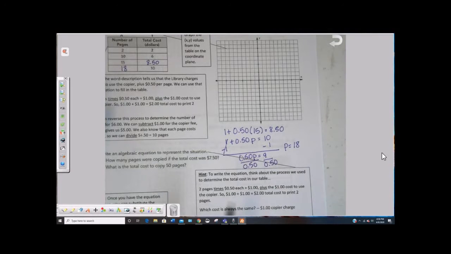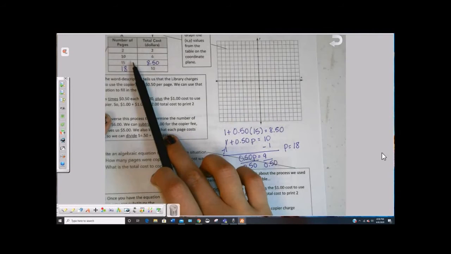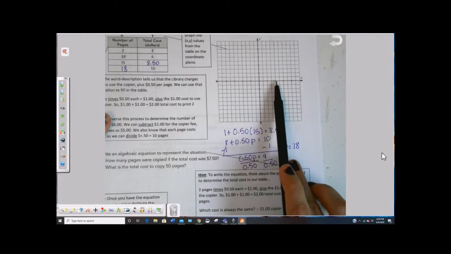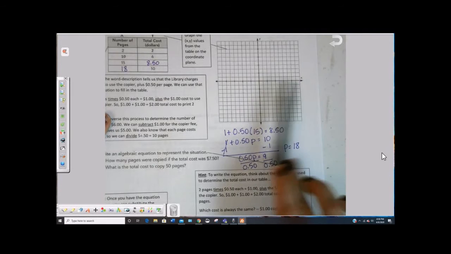Now we need to graph our table. If you notice, going this way we have 1, 2, 3, 4, 5, 6, 7, 8, 9, 10. So you have 10 going this way and 10 going this way. We need x to go all the way up to 18 at least.